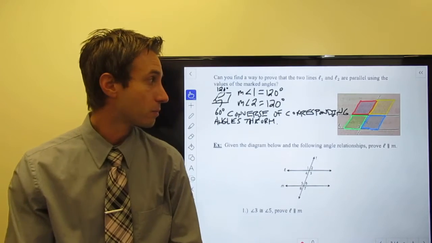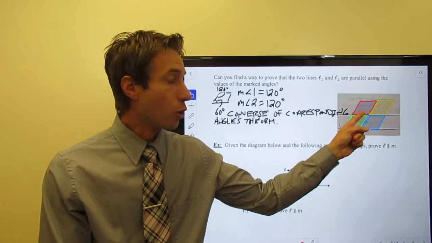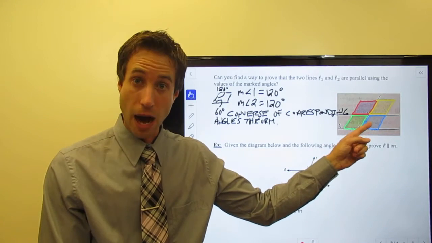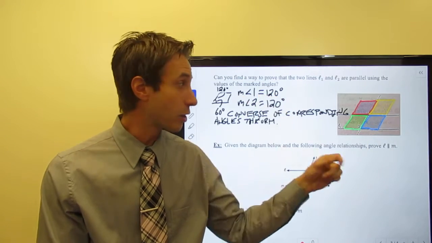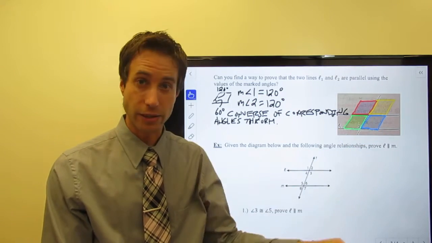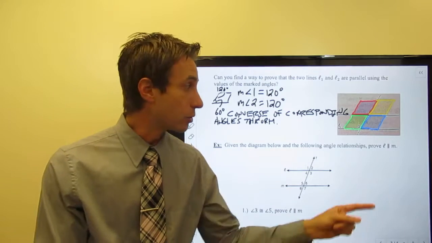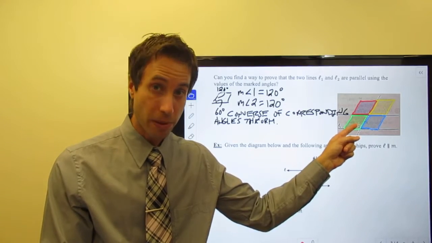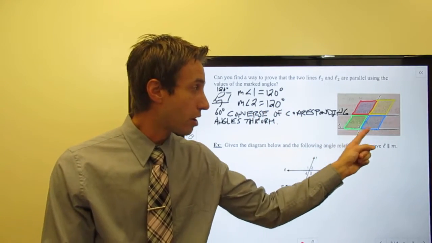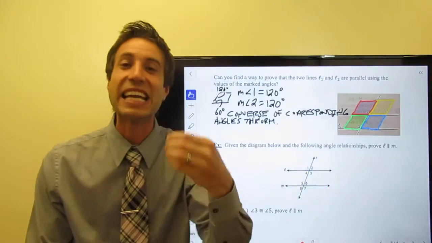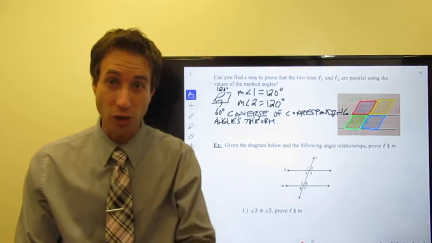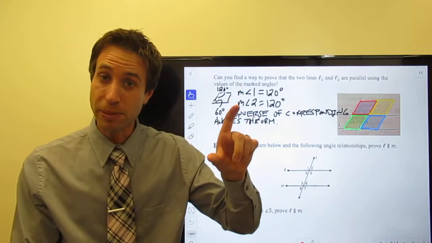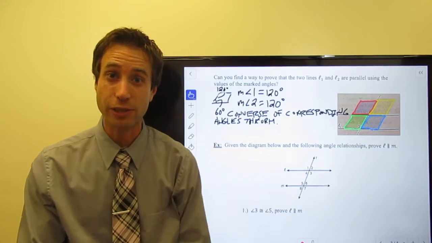Well, here you go. Angle 1 is in the top left-hand corner of that intersection. Angle 2 is in the top left-hand corner of a different intersection. That is our definition of corresponding angles. They're in the same position at different intersections.